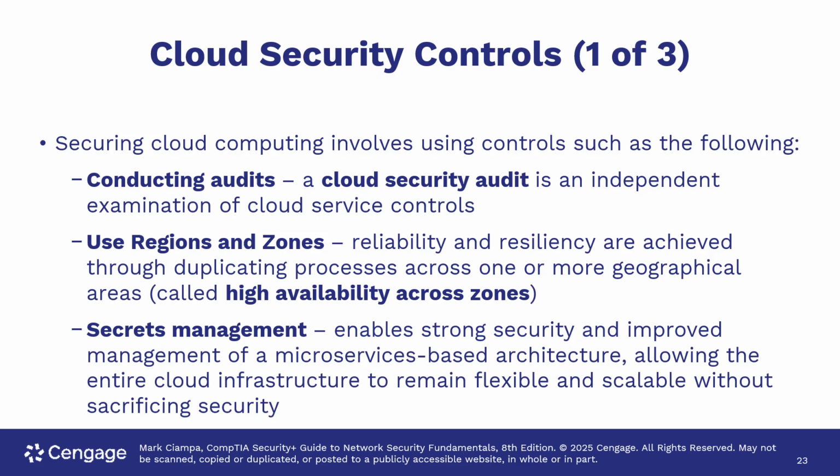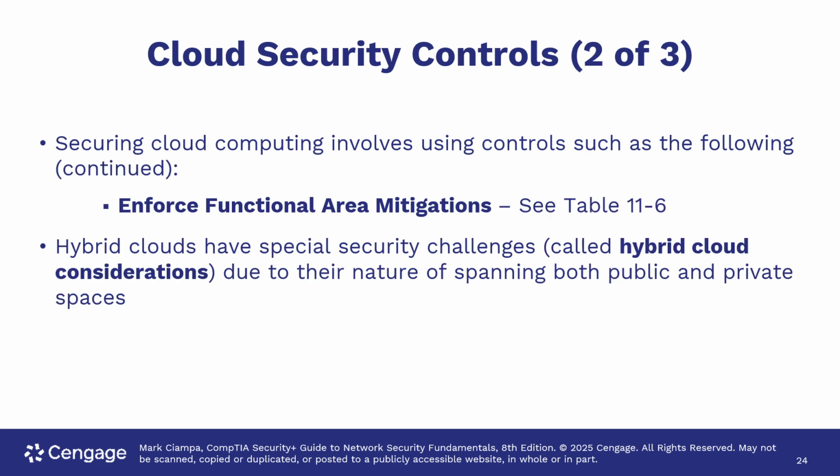And secrets management. It's enabling strong security and improved management of a microservices-based architecture, allowing the entire cloud infrastructure to remain flexible and scalable without sacrificing security. You also have the enforced function area mitigations. We'll see that in the next table here.